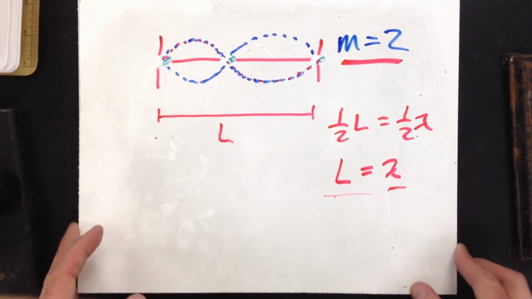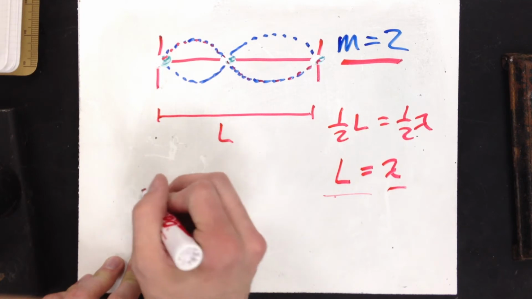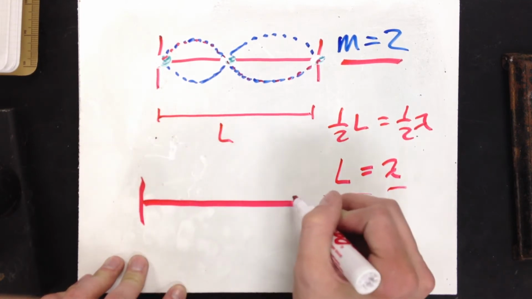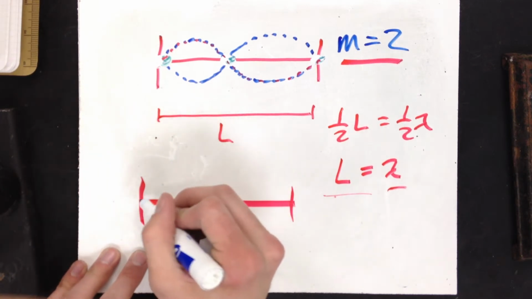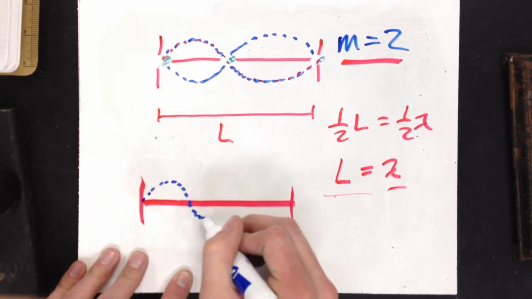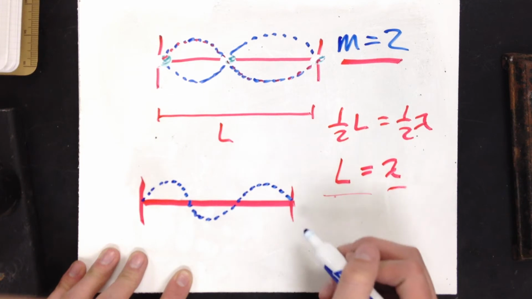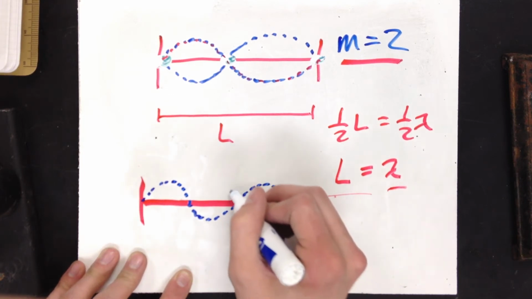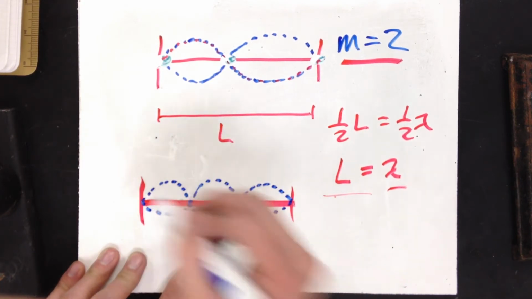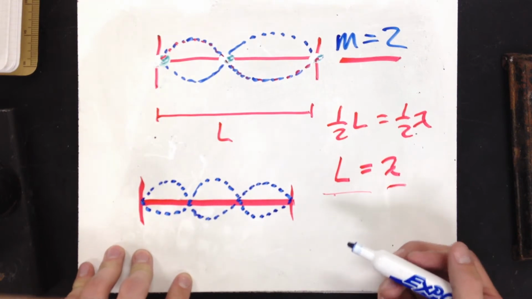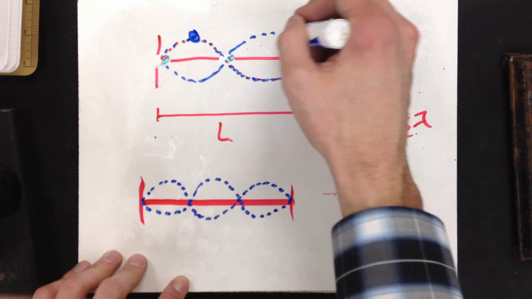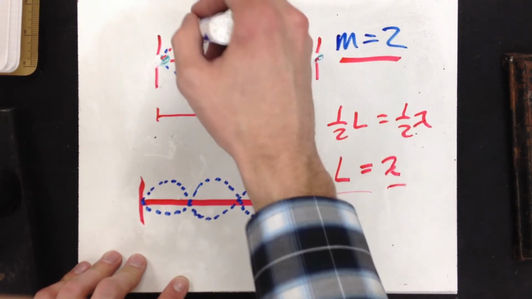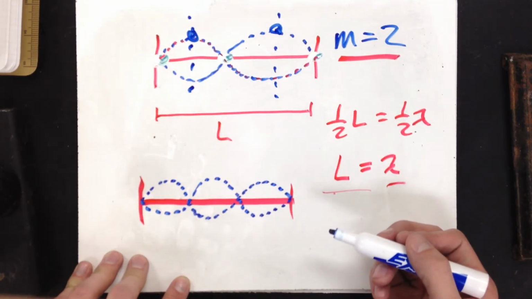Now, let's look at the third harmonic. With the third harmonic, I'm going to go up, come down, up, down, and then reflect back, like so. So if you look, I've got 1, 2 antinodes.